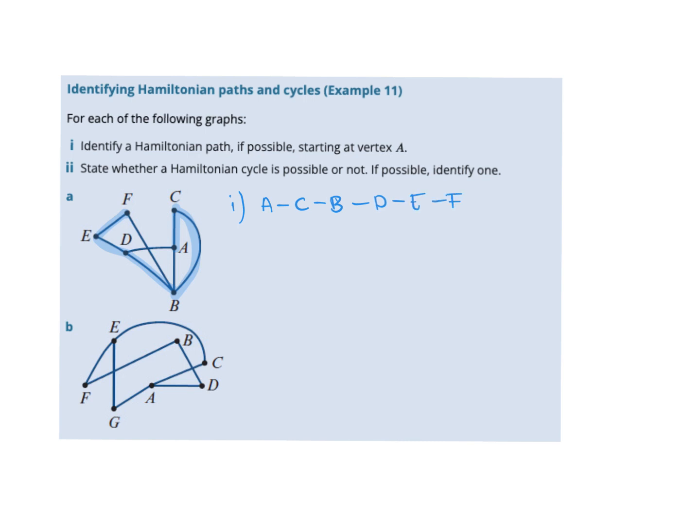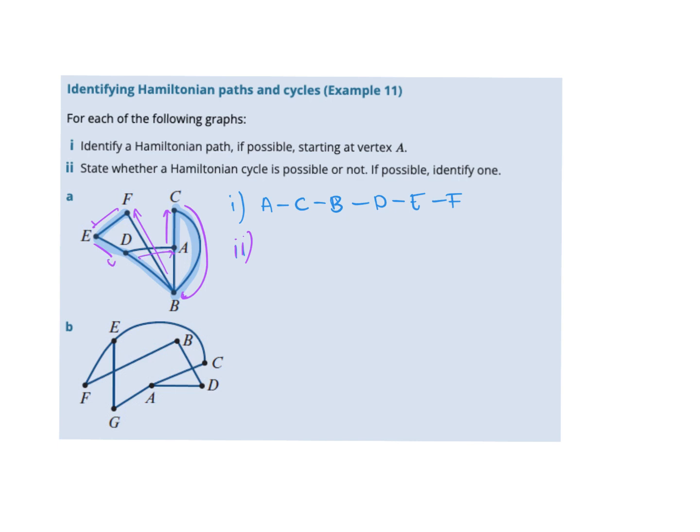Now, do I think I can get back to a cycle? I'm going to try. I think I can if I change my way. I'm going to go up to A, and I'm going to go this way, down to there, down to D, and then do I get back to A? I do.